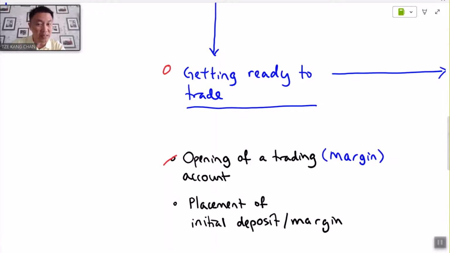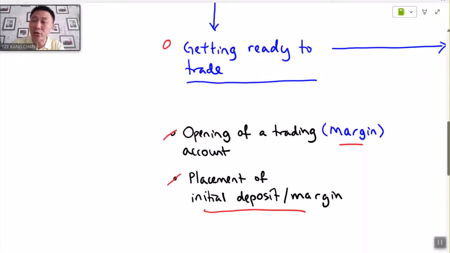Firms or businesses, more commonly referred to as the hedger, would be required to open up a trading or margin account with a brokerage firm that acts as the intermediary on behalf of clients such as the hedger to trade on the derivative market. Secondly, it is a requirement to place a certain sum, named the initial deposit of margin, into the particular margin account before any trading instructions can be created.